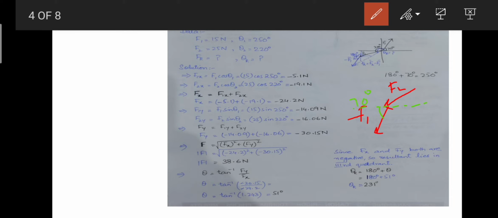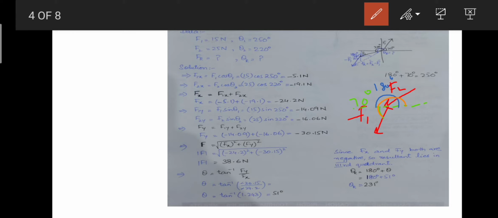If this angle is equal to 70 degree, and this whole angle is equal to 180 degree, then this whole angle would be equal to 180 degree plus 70 degree, which is equal to 250 degree. So I'm going to put the angle for f1 equal to 250 degree.